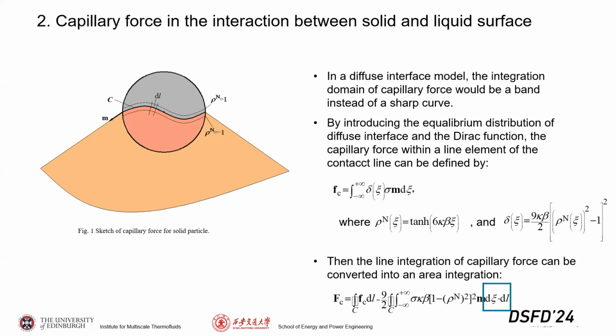To deal with that, we introduce the equilibrium distribution of the diffuse interface and also the Dirac function. We distribute the surface tension along the width direction of the diffuse interface, and then calculate the capillary force first along the interface width direction, and then along the contact line. The line integration of the capillary force can then be converted into this area integration.